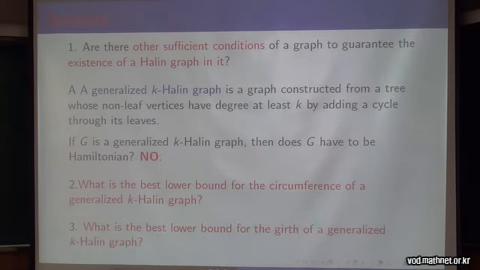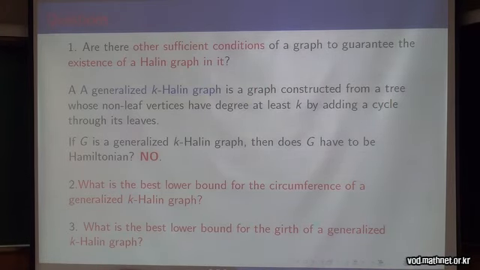Also the girth. Remember, Halin graphs are almost pancyclic, so the girth is always 3 because it has a triangle. But in this case, it is not. You know the Petersen graph. The Petersen graph is actually a generalized 3-Halin graph, and we know that the girth of the Petersen graph is 5.